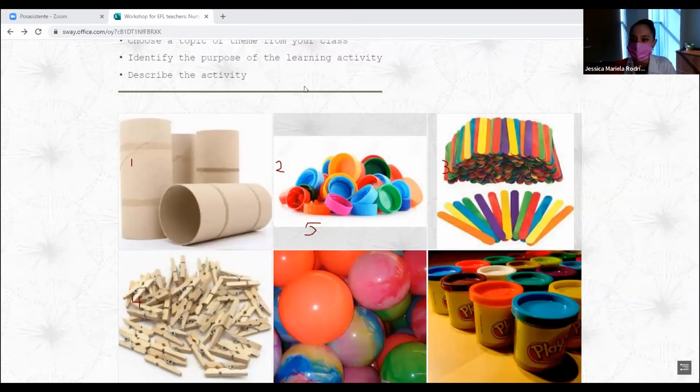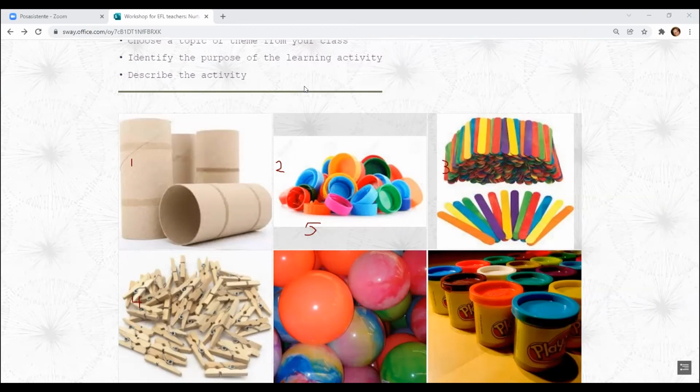Okay, Mayra, I see you. Yes, of course. Yes, go ahead. Well, I was in the team with teacher Nestor, and we came up with this idea: the topic or the theme is to learn more vocabulary, but house-related things. Just to put a topic, you know.